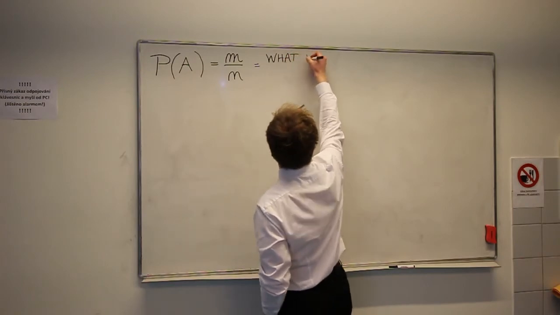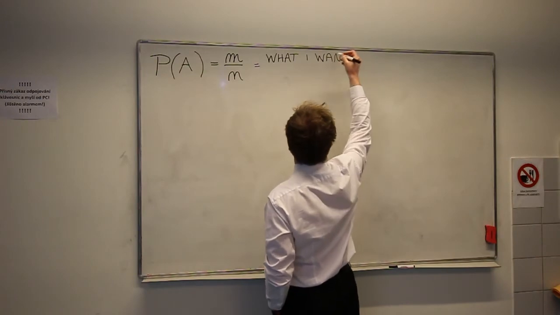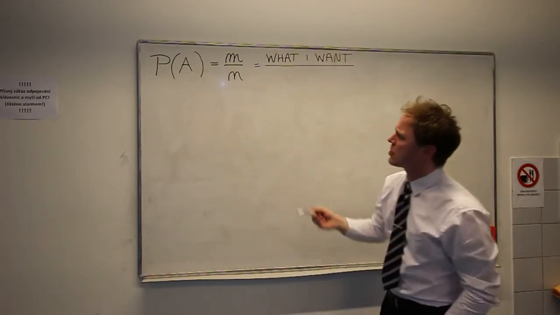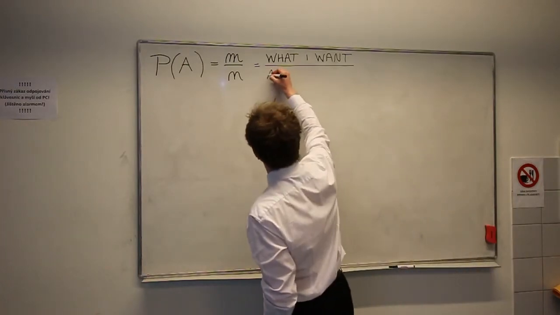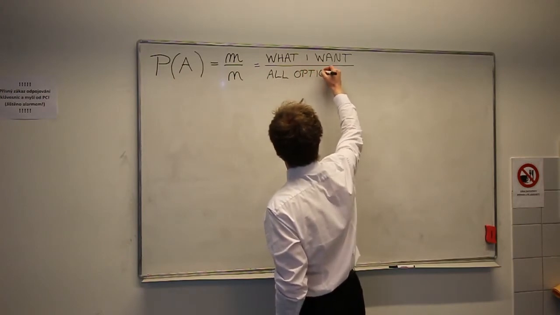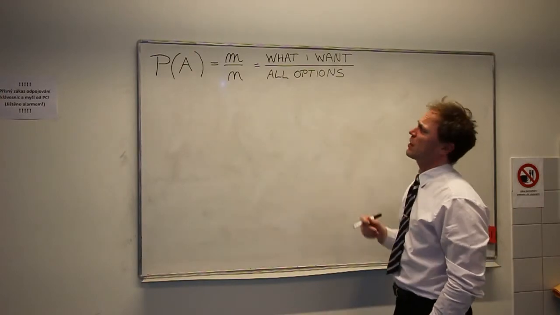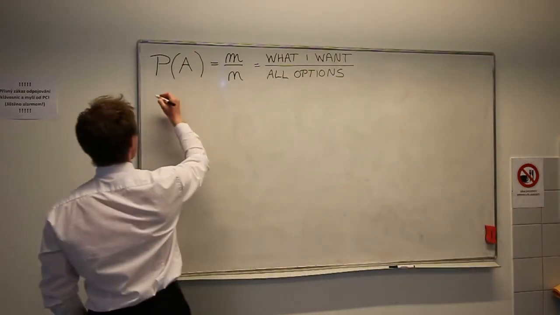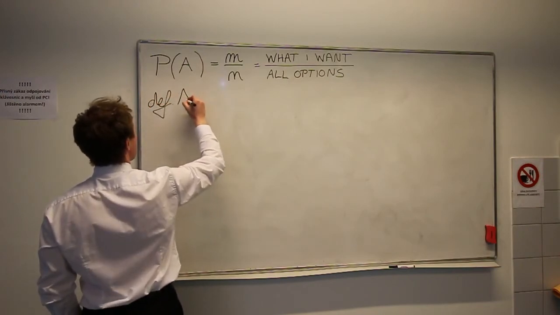What I want or what I expect, yes, what I require, and in the denominator we have all options, yes, all possible options, yes. So this is the classical definition.